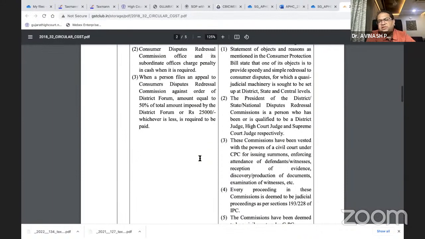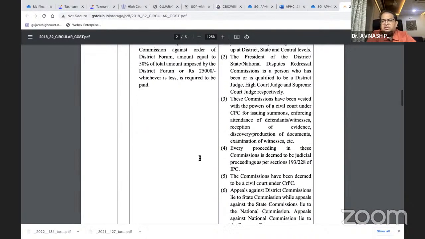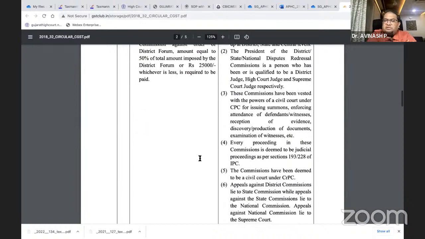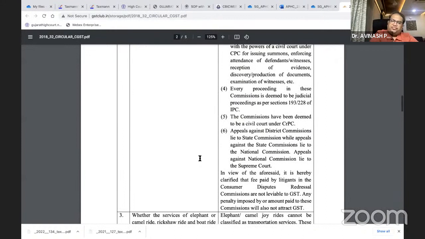2. The president of the district, state, National Dispute Redressal Commission is a person who has been or is qualified to be a district judge, high court judge, and Supreme Court judge respectively. So he will be the president. 3. These commissions have been vested with powers of a civil court under CPC for issuing summons, enforcing attendance of defendants or witnesses, reception of evidence, discovery or production of documents, examination of witnesses, etc. So it's working like a civil court. 4.